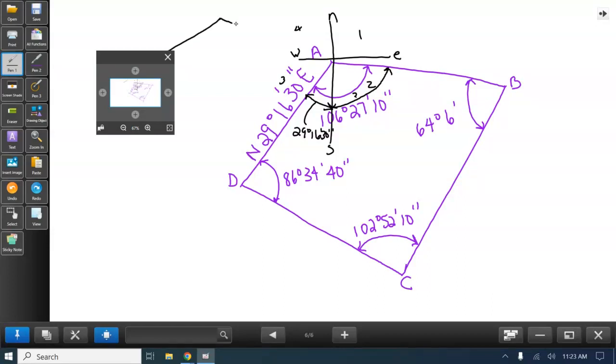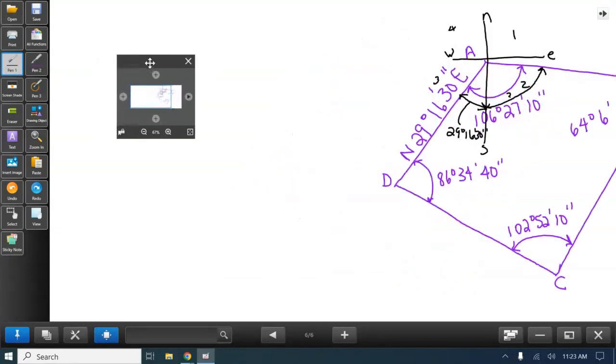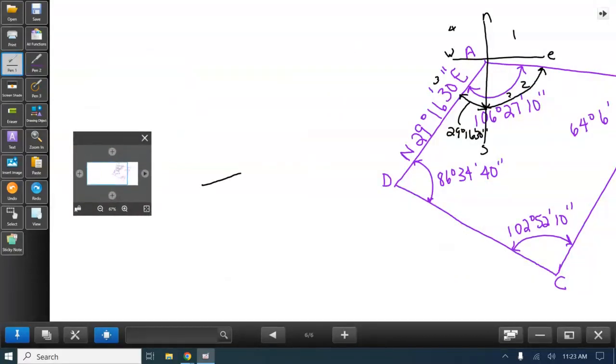So in other words, you have that. I'm just going to leave it where it is. Can y'all see it pretty good? Oh no, I didn't mean to slide that.